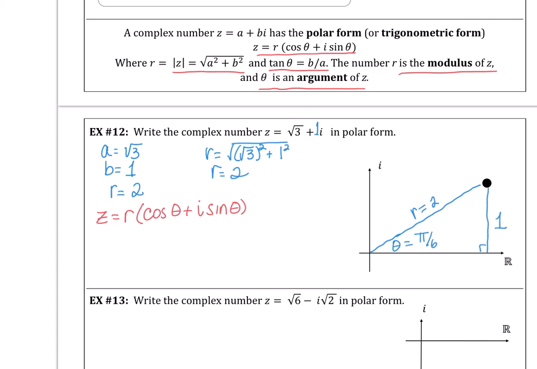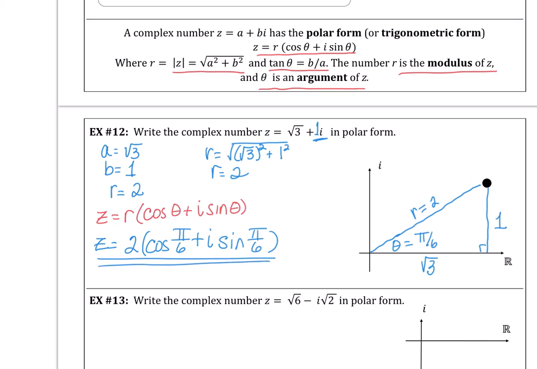That's the imaginary height. The real number distance is radical 3. And then we can write our equation. We know that this is a pi over 6 angle based on the sides of the triangle. So our z, or complex number, is 2 cosine pi over 6 plus i sine pi over 6.